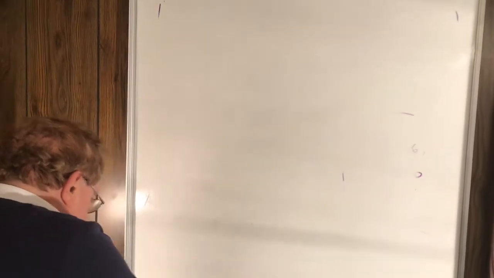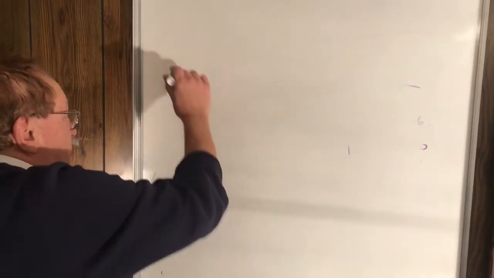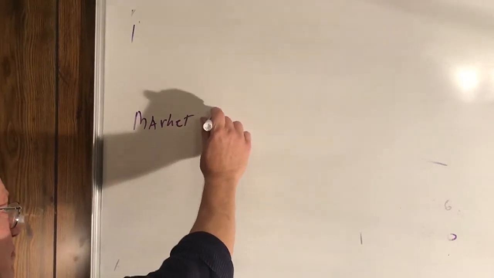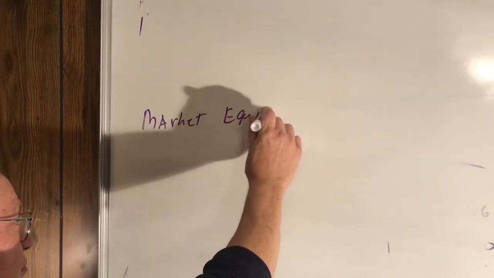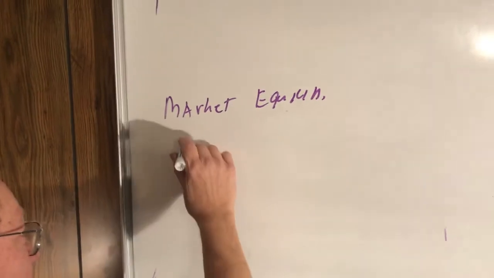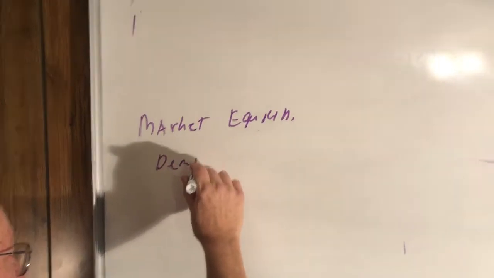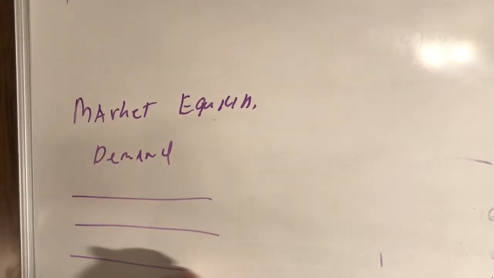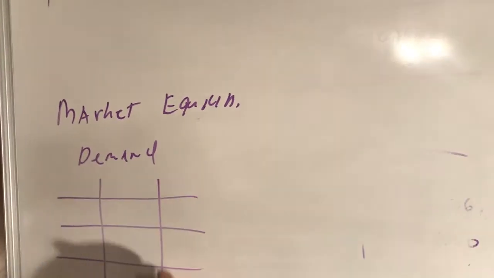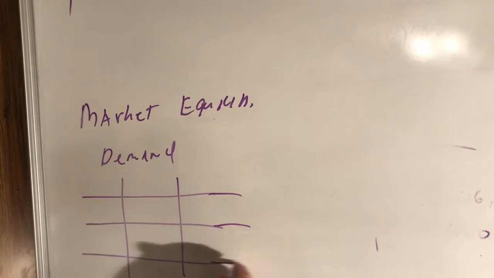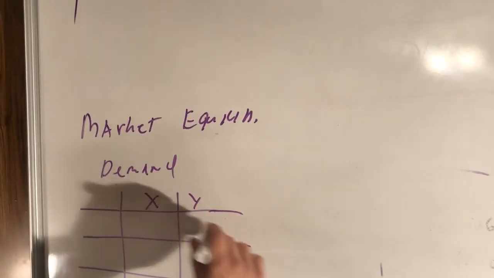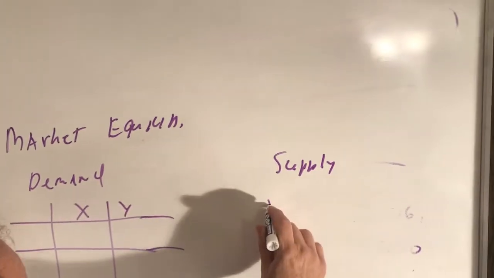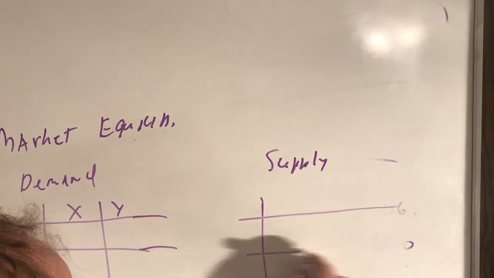So, another thing you want to watch on the exam is market equilibrium. And remember, you make a demand and a supply table. I don't know if I'm going to have time to do this, but we'll see. We'll go a little over and hope, right? And this guy's selling TVs.